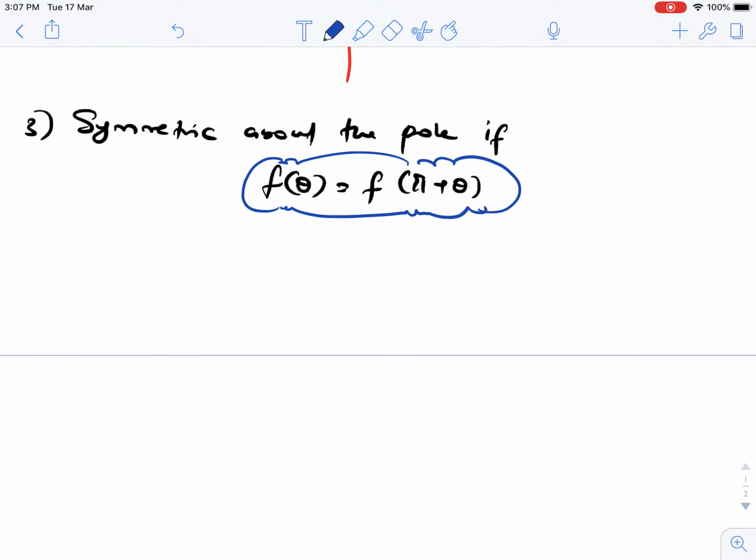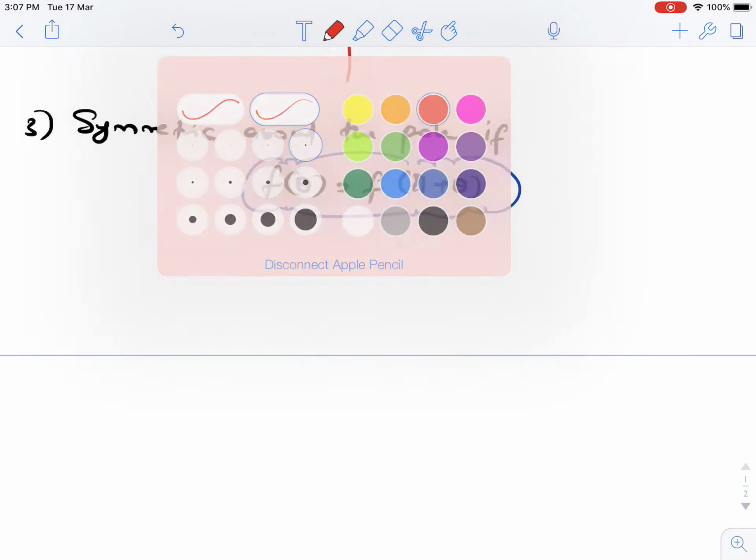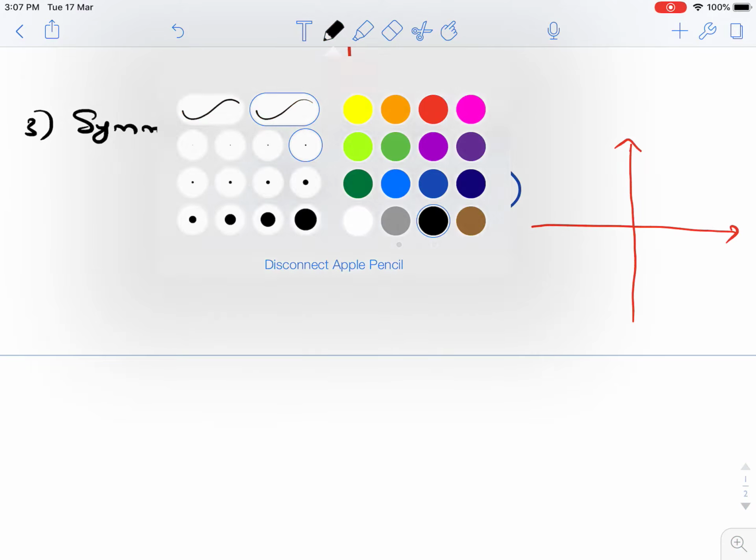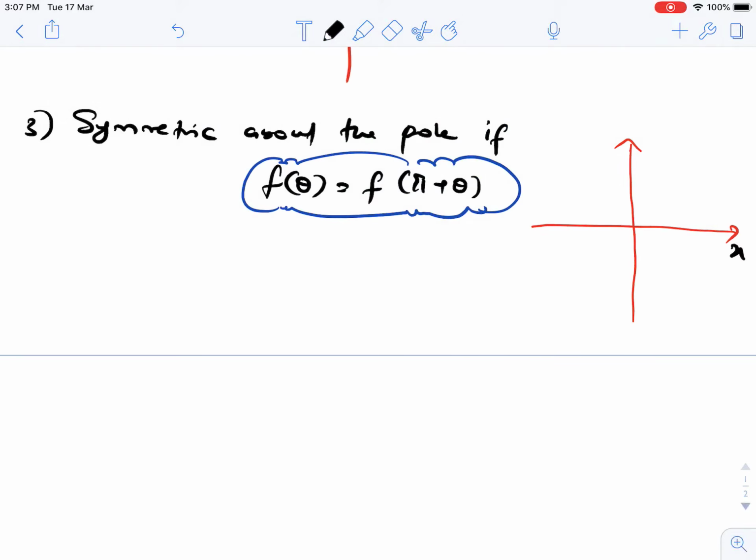Or physically, something looks like this. It is the same like if we want to sketch or plot for the case of negative radius, okay, where we have here x, y. Let's say this is the original point of r theta. Okay, and then the reflection is here.